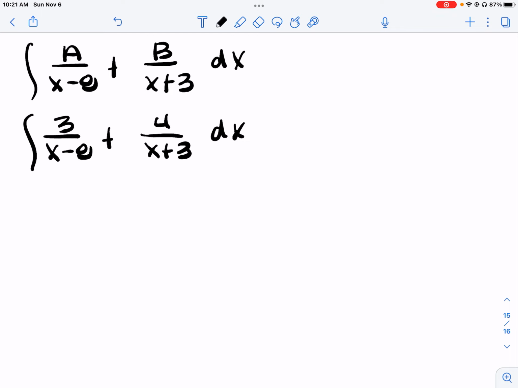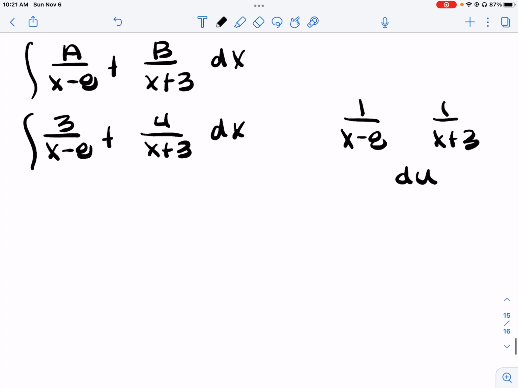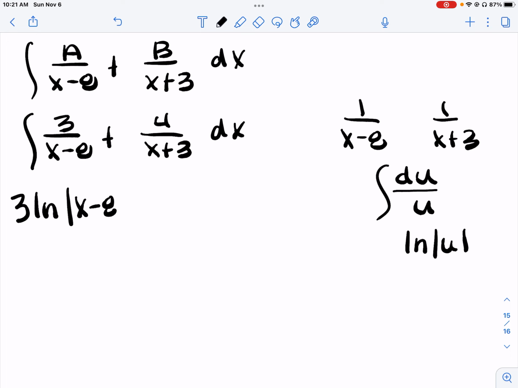Okay, for each of those, if we ignore the 3 and the 4, we have 1 over x minus 8 and 1 over x plus 3. So we have du over u, which is ln. So this is 3 ln x minus 8 plus 4 ln x plus 3.